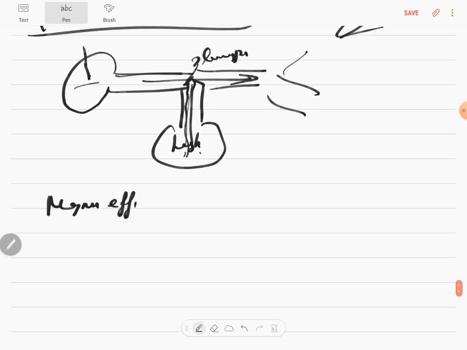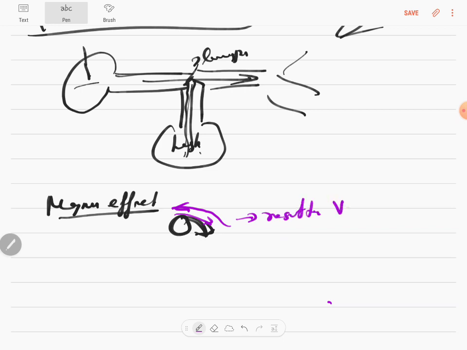Magnus effect: when you're going to do spin bowling with a ball, it drags a layer of air above it with it, thereby creating a low pressure, because of which air from the front moves back from high pressure to low pressure. On the top, the ball is moving forward, but the air is getting pushed backward, and so the resultant velocity decreases. When the velocity drops, the pressure increases.